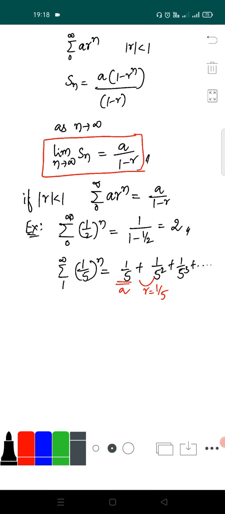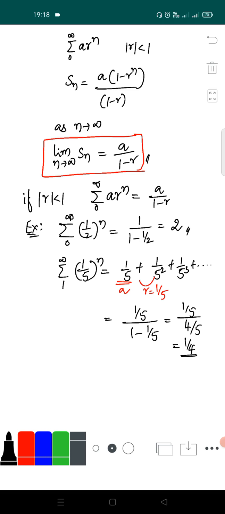So we get the answer as 1 by 5 divided by 1 minus r, that is 1 by 5 divided by 4 by 5, which is 1 by 4. So this is the converging limit of that convergent series.